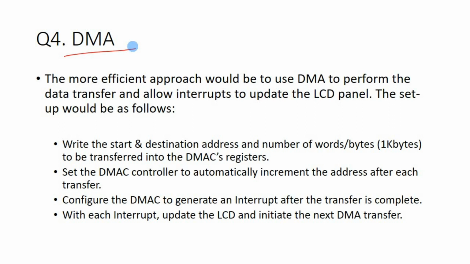In general, what you need to do is configure the DMA controller's registers. You need to write the start address, the destination address, as well as the number of words or bytes that you want to transfer. And you want to set the DMA controller to automatically increment after each address transfer.